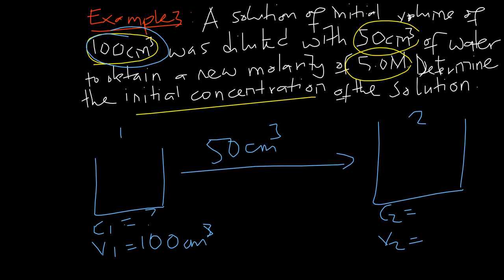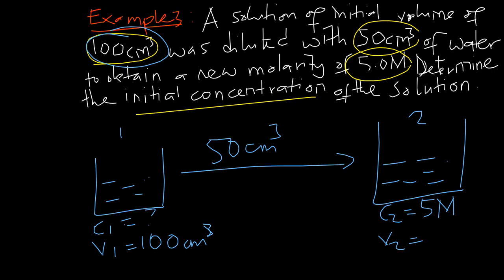Now, the new solution, we are told, has a concentration of 5 molar. Let's put that down. There's another interesting thing happening here. The initial volume of the solution was 100 cm cube, and it was diluted by distilled water of 50 cm cube.